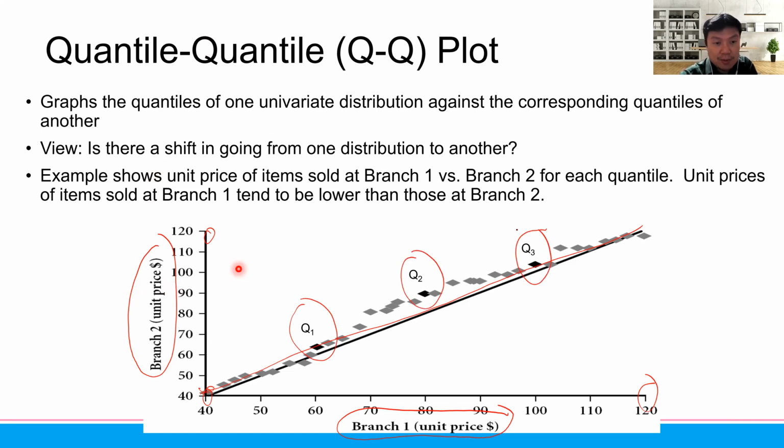So some of the unit prices for branch 2 are higher compared to the unit prices in branch 1. You can see this one is 90, and this one is 80. By using this QQ plot, you can express more visualization in your data.